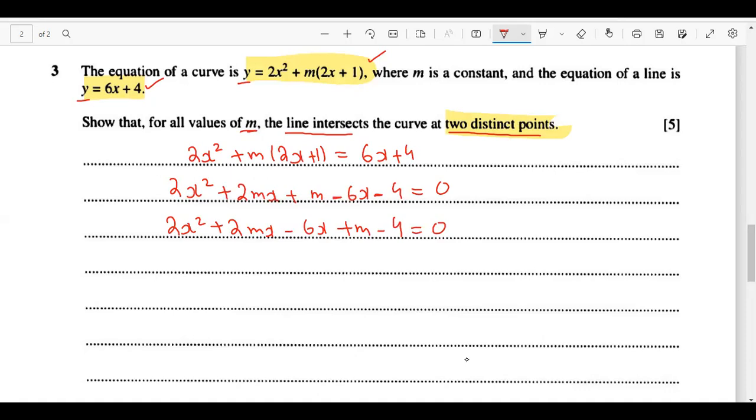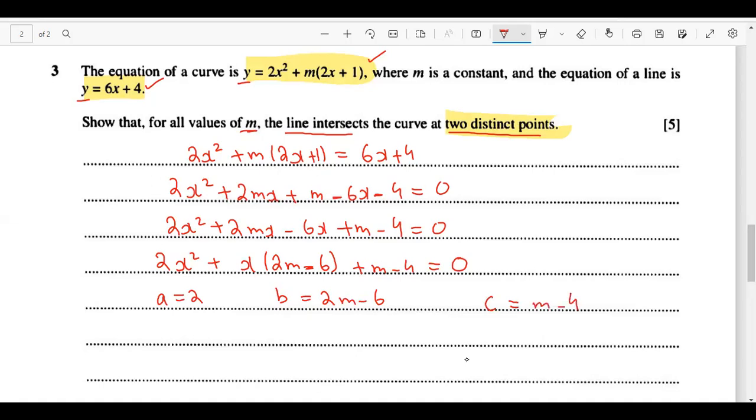Now I am going to extract a, b, and c. This is a, the coefficient of x squared. I'll take x common and I would get 2m minus 6. And the constant term is m minus 4 equals 0. Now, a is equal to 2, b is equal to 2m minus 6 and c is equal to m minus 4.